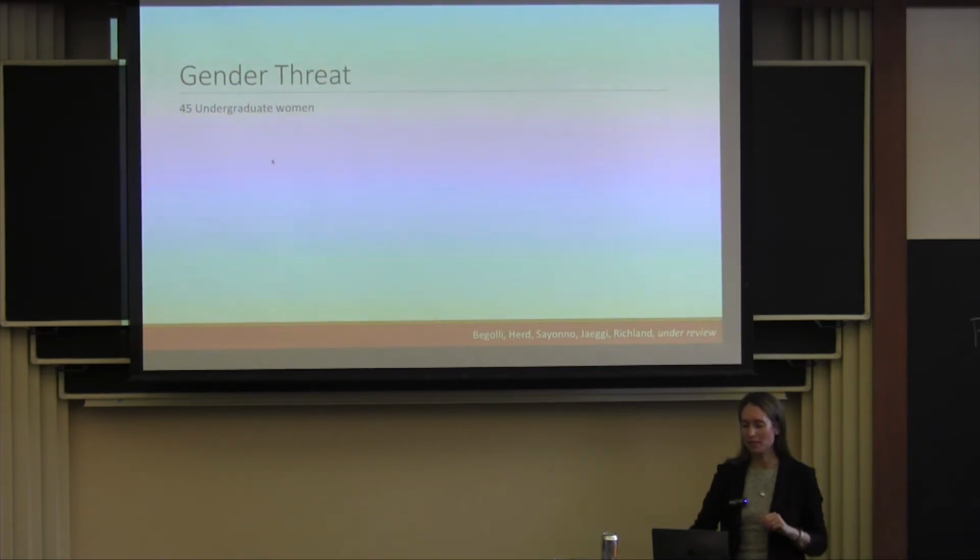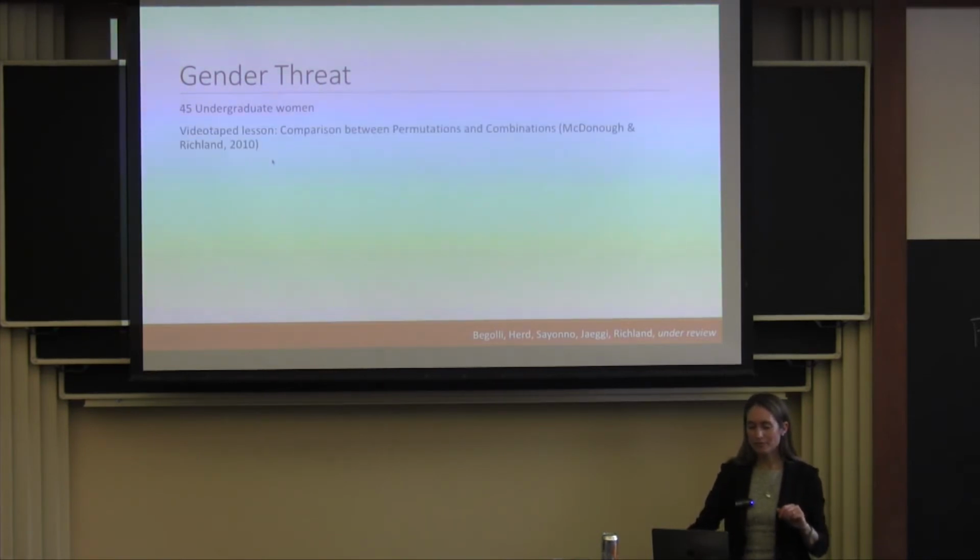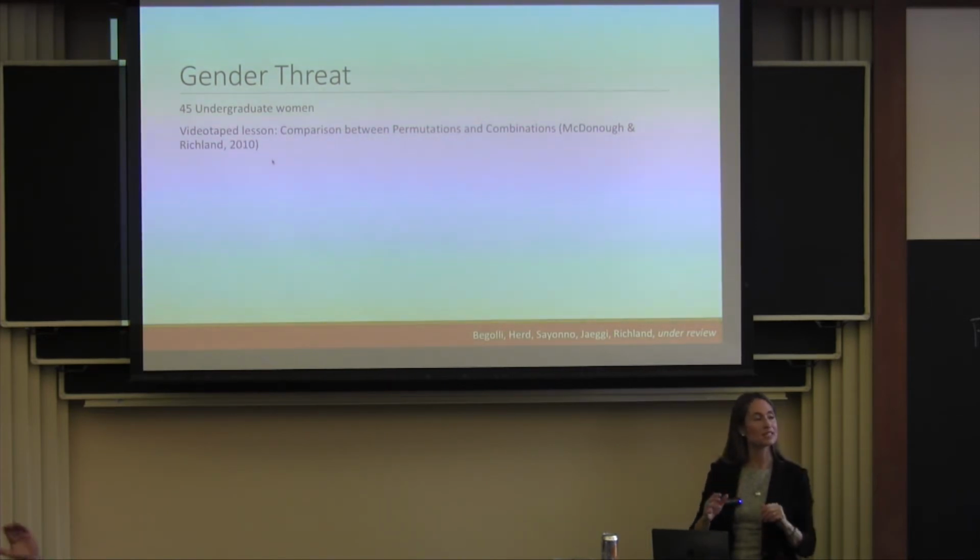So one of the first studies we did here was looking at a gender threat with undergraduate women. We looked at learning, so whether or not stereotype threat has the potential to impact learning in these kinds of contexts. For this study, we used a videotaped lesson, which was a comparison between permutations and combinations, so you saw a figure from it at the beginning.